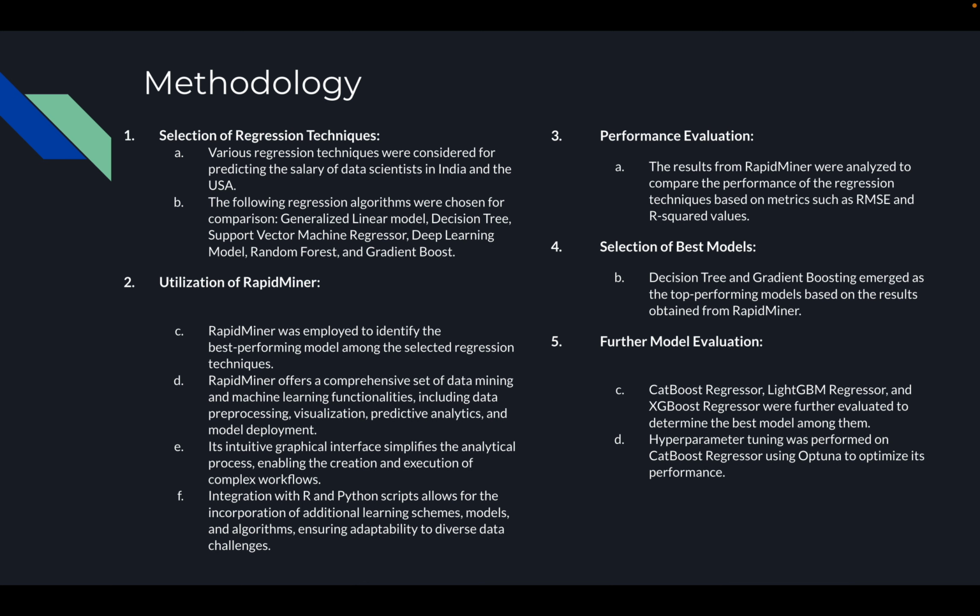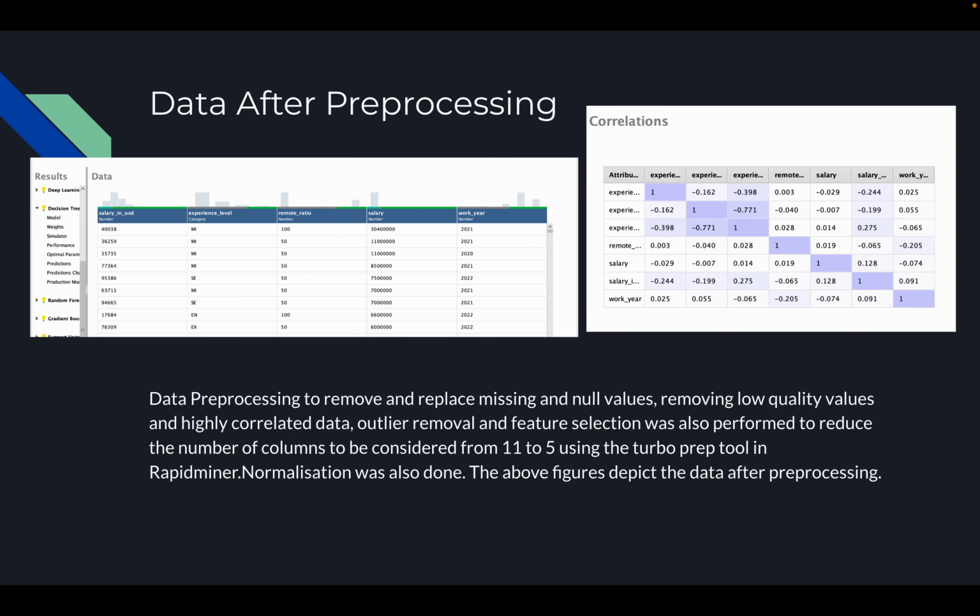We applied six different models on the data set, and we found out that regression tree and gradient boosting give better results when compared to the rest, and we optimized the parameters of the regression tree and applied ensemble techniques to improve the results also. So this is the methodology that I followed, and let me go on explaining it.